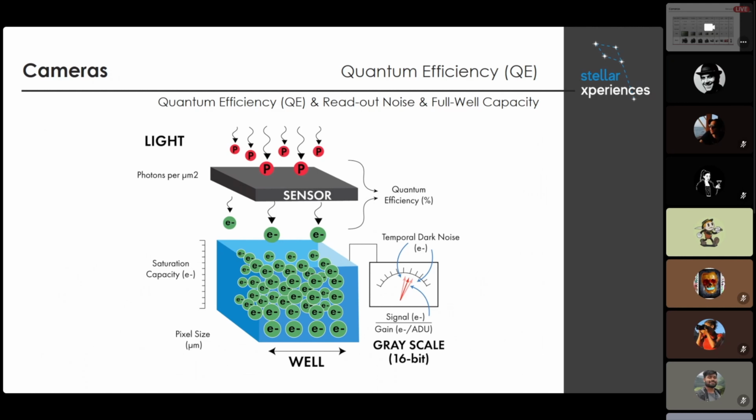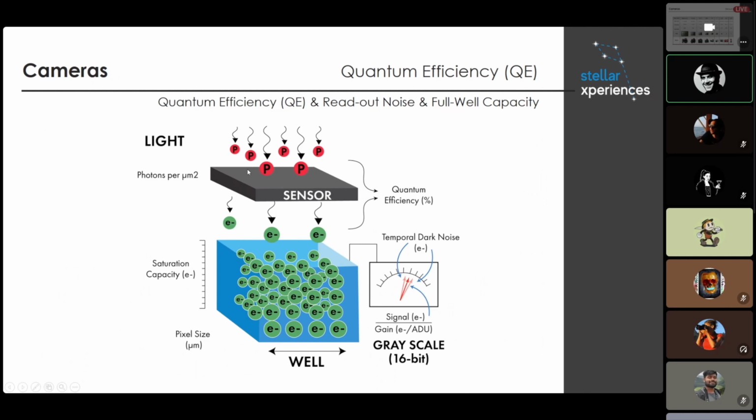We look for sensors that have a higher quantum efficiency because we are shooting very dim objects. So every photon counts. Every photon is important. We have to transfer photons into electrons as much as possible because we are working with ancient photons that are coming from millions of light years away, and the number of them is really, really small.